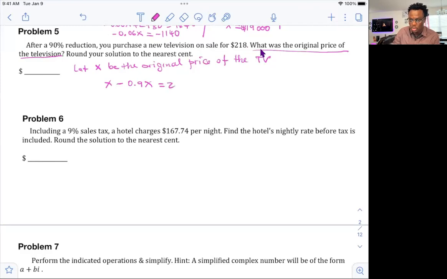So that's $218. So combine this, that's 0.1x equals $218. If you divide by 0.1, you would have X equals $2,180. With the 90% reduction, you paid $218 for it. So that is $2,180.